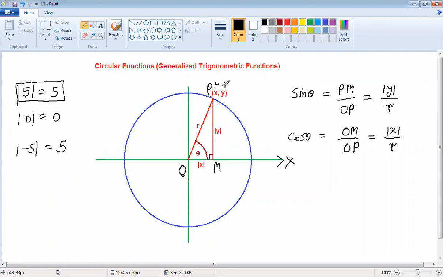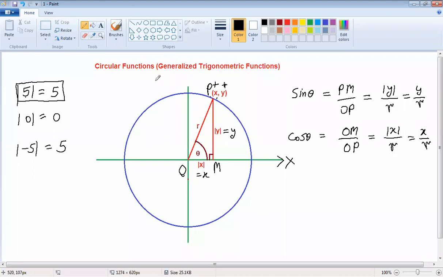So mod of x can be written as x only, because the x coordinate itself is positive, and the radius is also positive. Sine theta is mod y divided by r. As y is also positive, mod y is same as y. So sine theta is actually y by r.